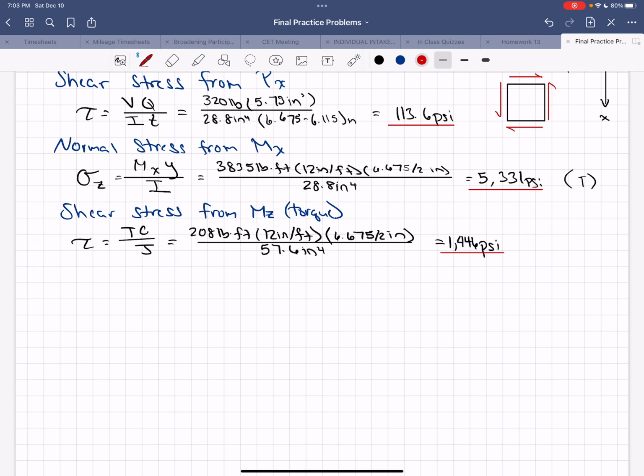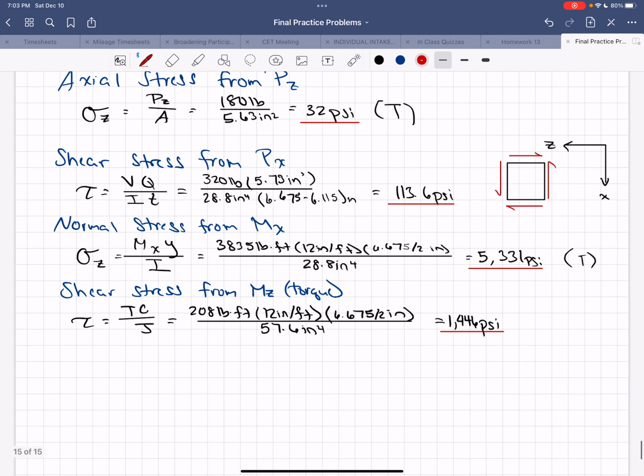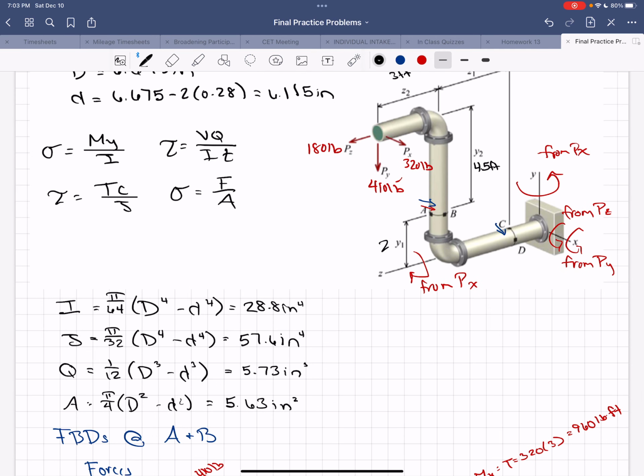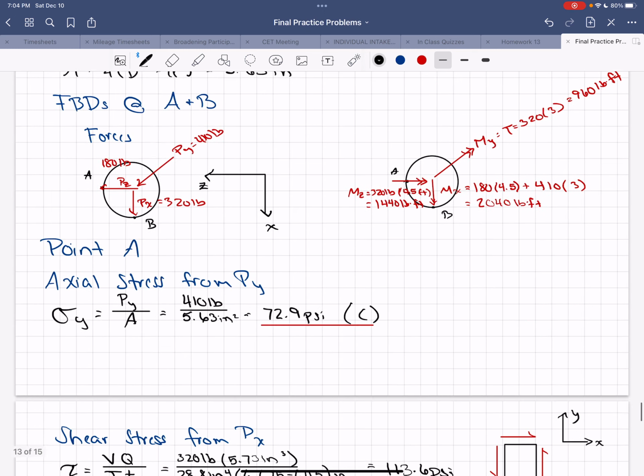Now, we need another stress block. It's going to have the same axes as the last one, Z and X. I'm going to go look at what's happening up at our picture, all this work ago. This is twisting it this way, meaning it's going to go in the same direction as our last stress block.